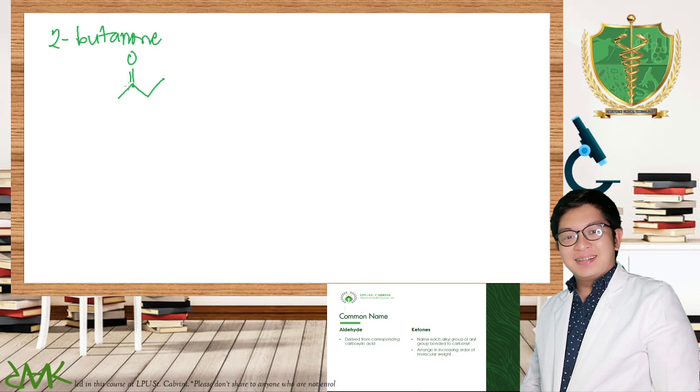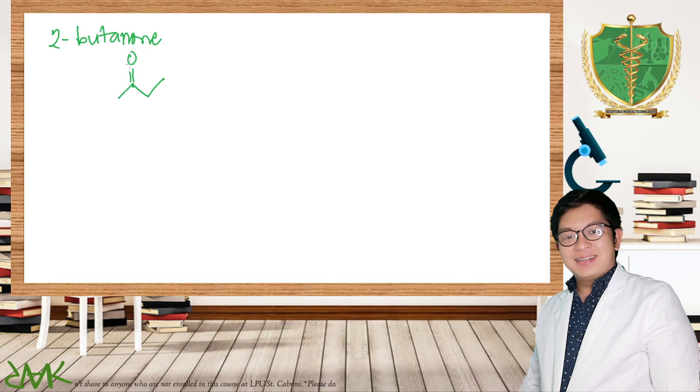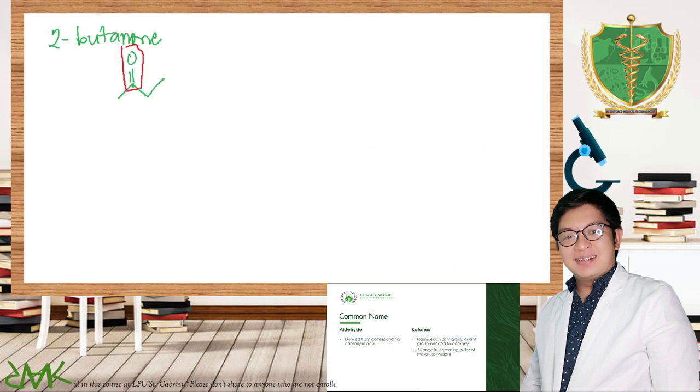Again, it says name the alkyl group or aryl group bonded to the carbonyl group. So this is our carbonyl group. Now we name the alkyl groups.